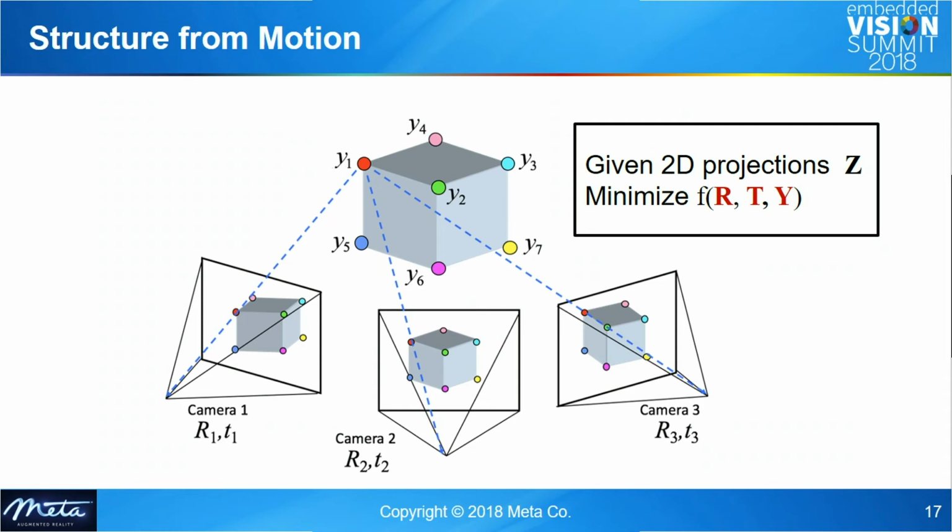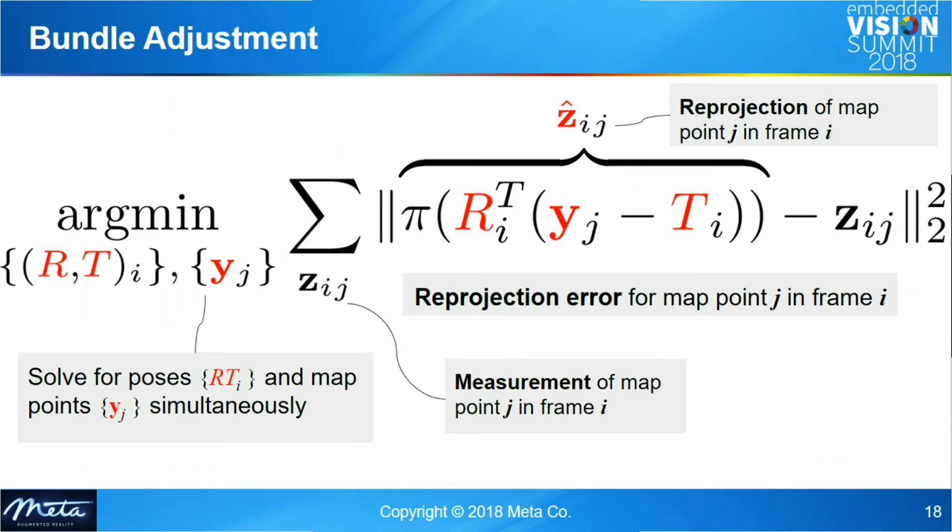So this is the core problem a Visual-SLAM algorithm needs to solve for. What is the 3D geometry of the world around us, and where is the camera relative to that world? And I think I promised you 3 equations today. So this is 1 out of 3. This is the bundle adjustment equation.